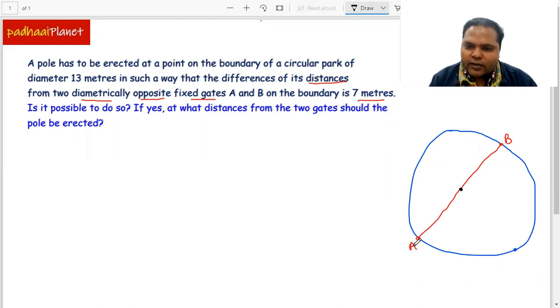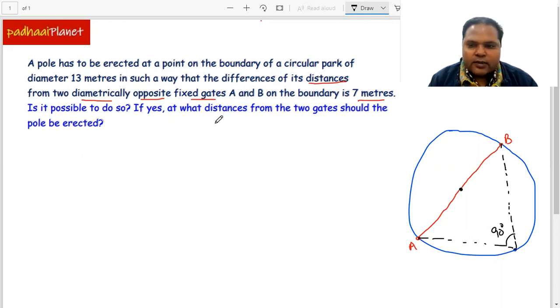And with the help of circle theorems, we also know that any diameter of the circle always subtends a 90-degree angle at the circumference. So this angle is going to be 90 degrees, right?